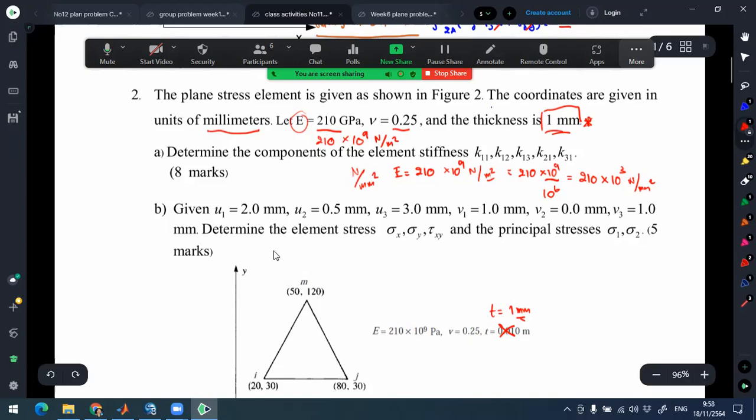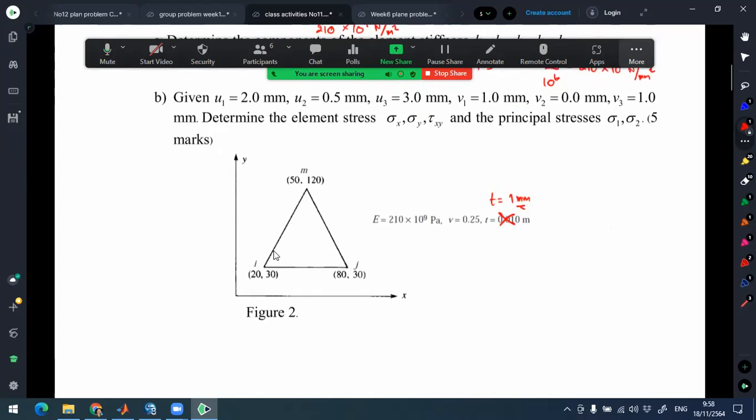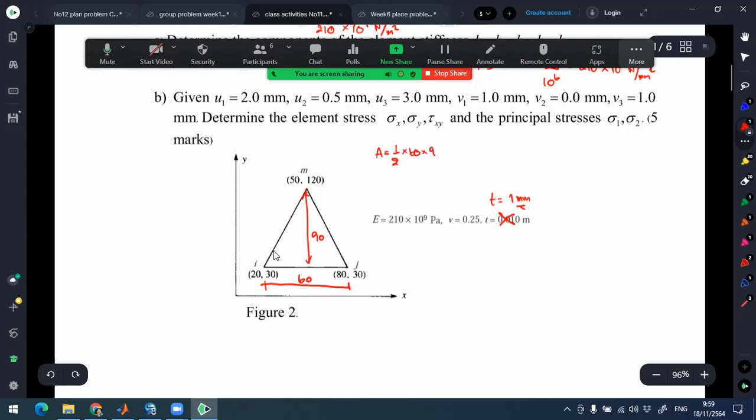From this shape, it's very easy to find the area. This length is equal to 60, right? And the height is equal to 120 minus 30, which becomes 90. So the area is equal to a half times 60 times 90.